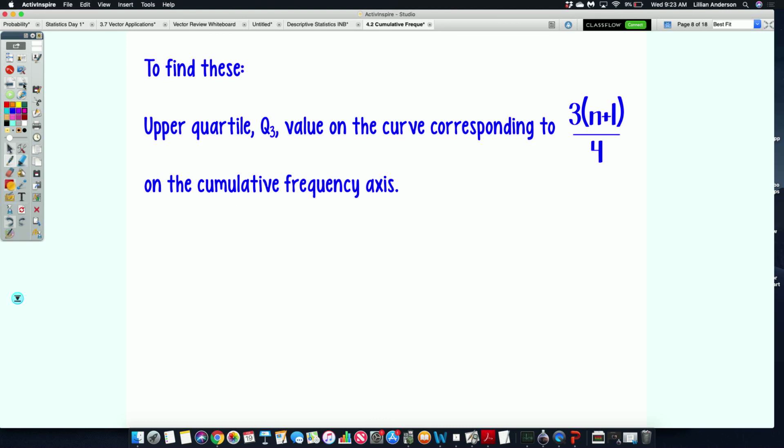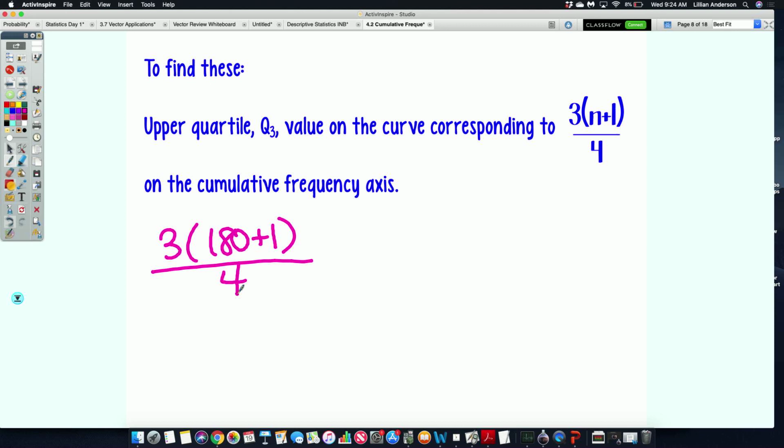Upper quartile is Q3. It is 75%, so that's 3/4. It's 3 times n plus 1 divided by 4 on your cumulative frequency axis. Again, that formula is not your Q3, it's where you go on your cumulative frequency axis to find Q3. So that's 3 times 180 plus 1 divided by 4.